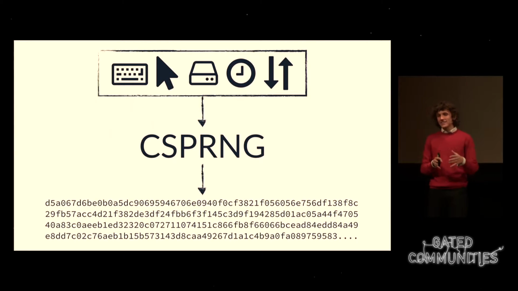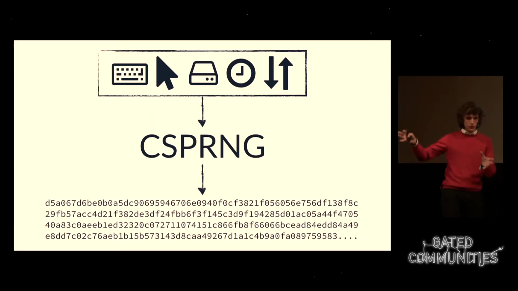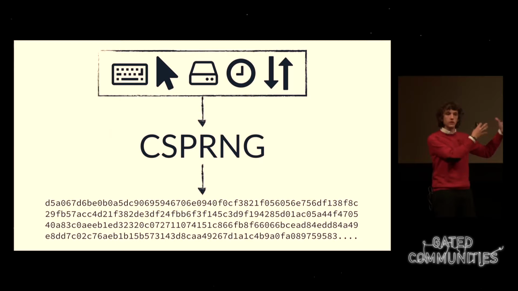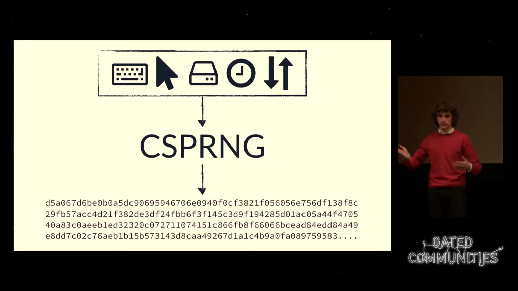Anyway, it's nothing else than a cryptographic tool that takes some input and generates an unlimited, reasonably unlimited, stream of random uniform bytes which depend on all and only the inputs you gave to the CSPRNG. So you can see how we can use this. We have this amount of random events. We feed that into the CSPRNG, and we get out random bytes that we can use for everything.